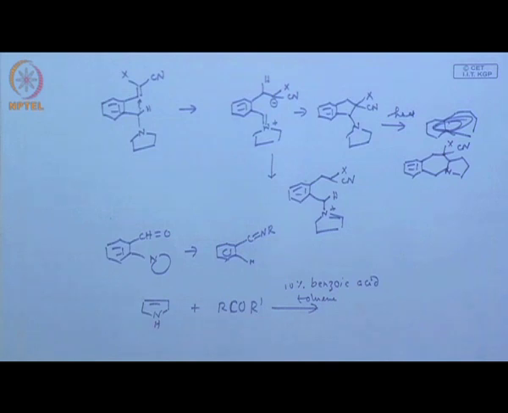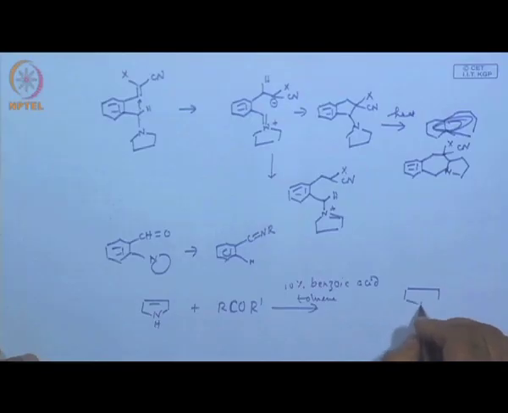What do you expect? Pyrroline, so 1, 2, 3 pyrroline. It is a new pyrrole synthesis, or you can just sit down and do the mechanism very easily without any problem.